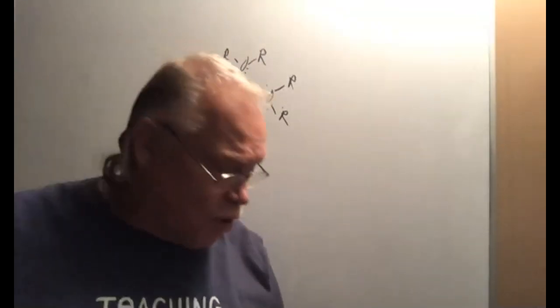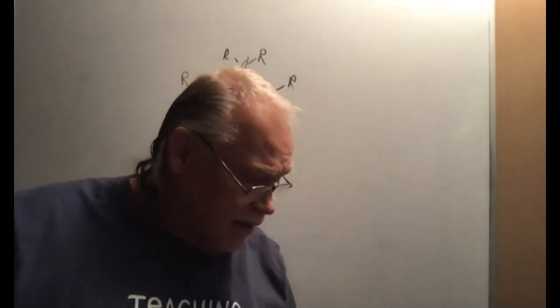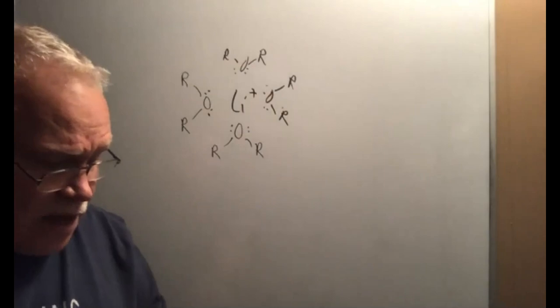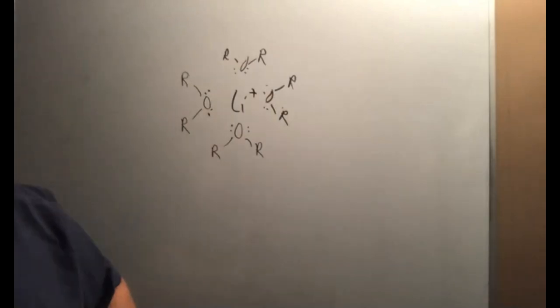The oxygen is partially positive. Now this brings us to crown ethers. And notice in your notes, if you're following along on your notes, we've got 2 ethers there, and these are crown ethers. We've talked a little bit about crown ethers in a previous lecture, but we want to talk about them in a little bit more detail.